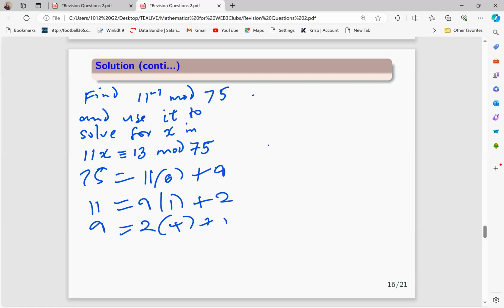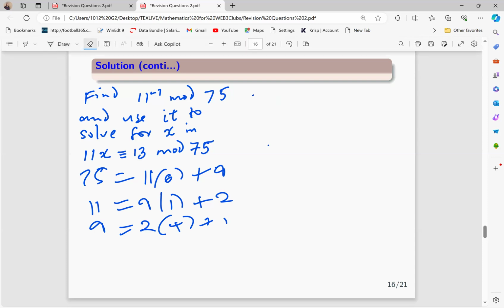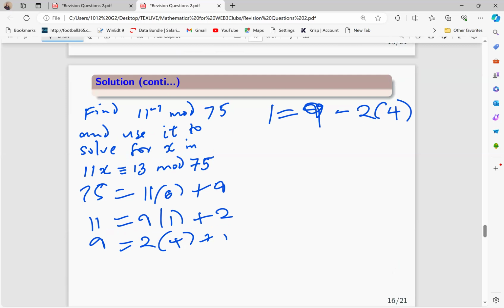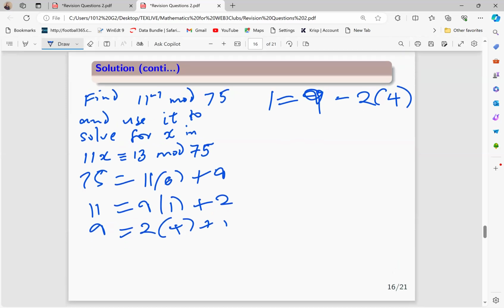So we make 1 the subject, so it will be 9 minus 2 times 4. From here, now we start to substitute these values.